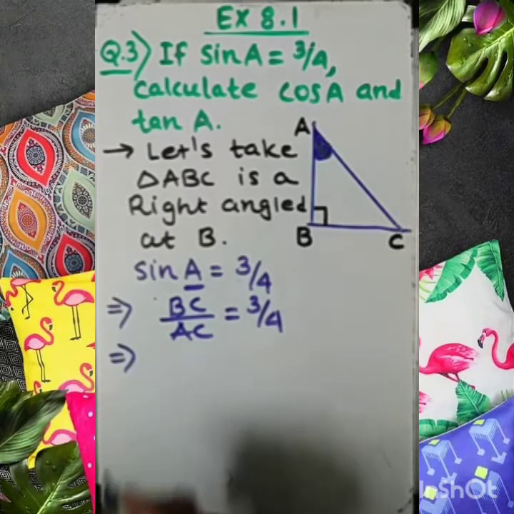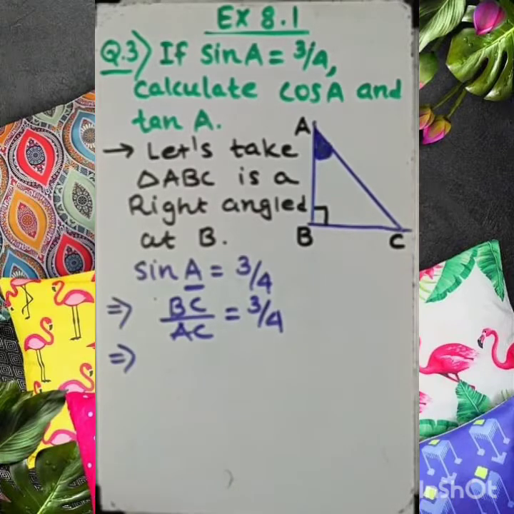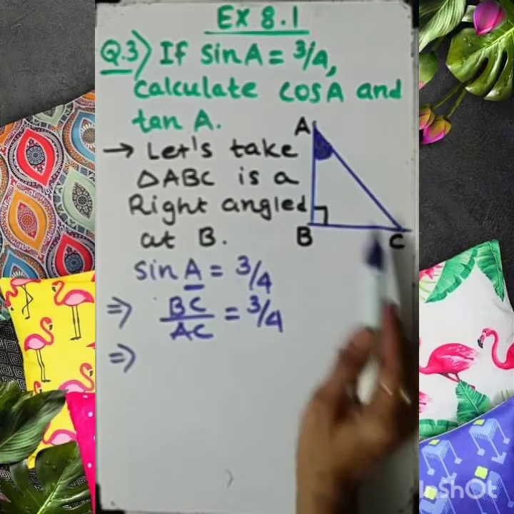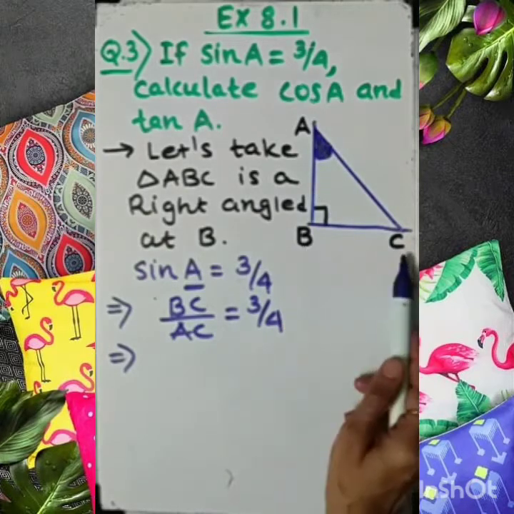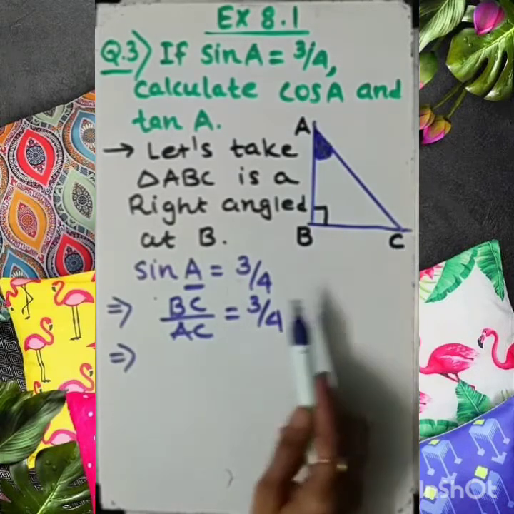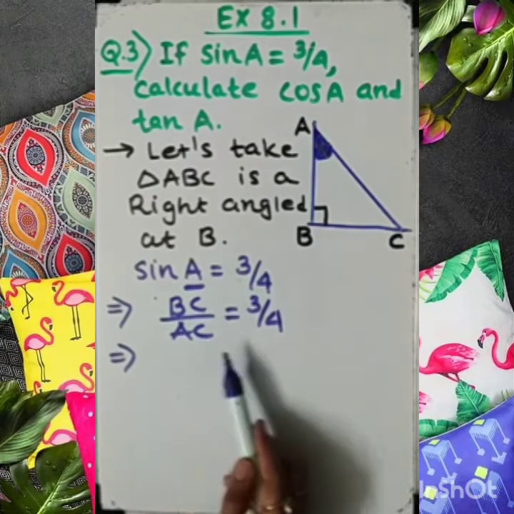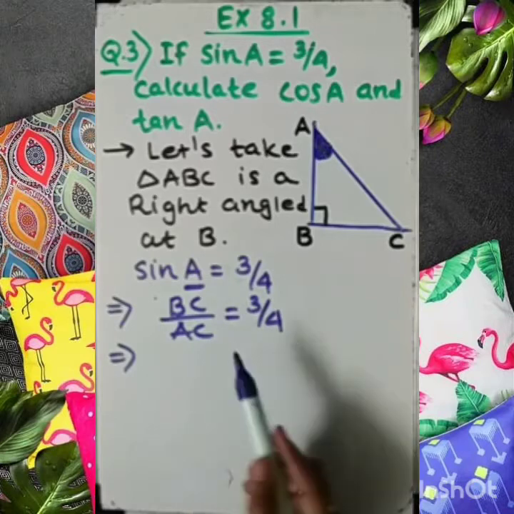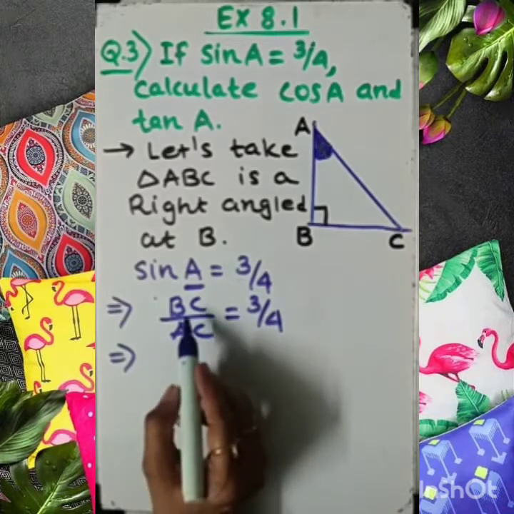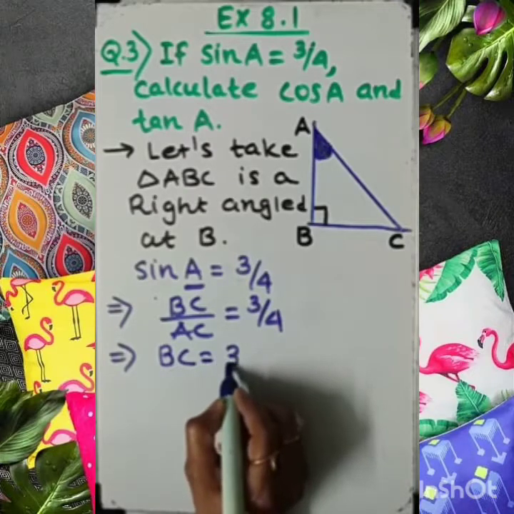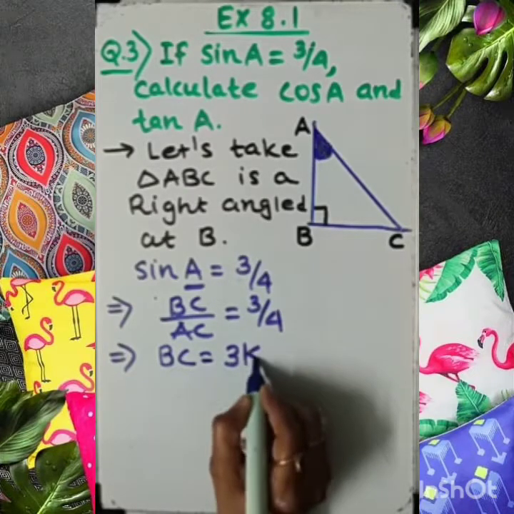So next step, BC upon AC, how did we get it? I am explaining again. The perpendicular side of angle A is BC, and of course the hypotenuse remains AC. So it is BC upon AC, that is P by H, since sin means P by H. So here 3 by 4. It means that for the value of BC, you do not write 3, but you need to write 3K.